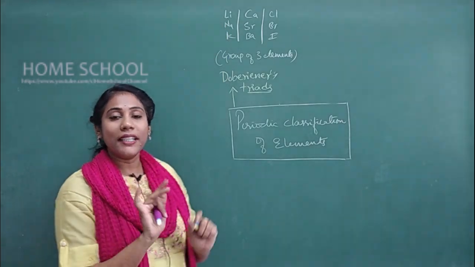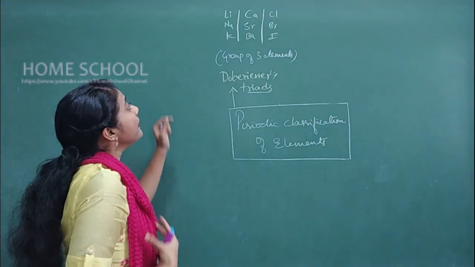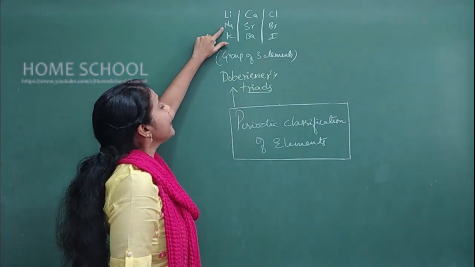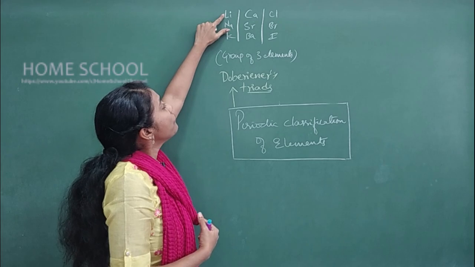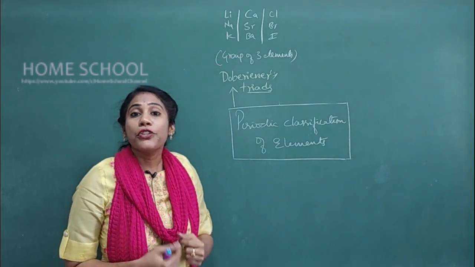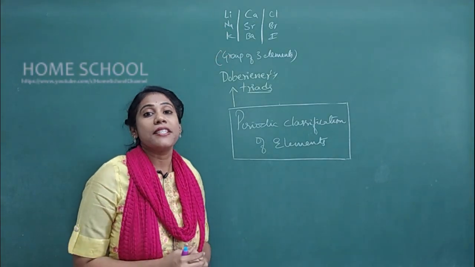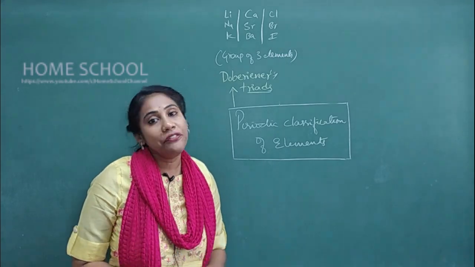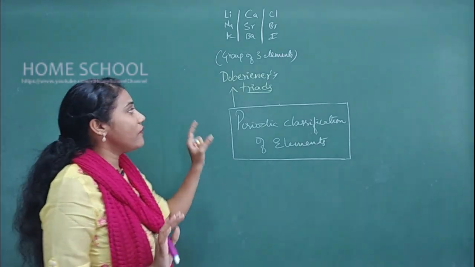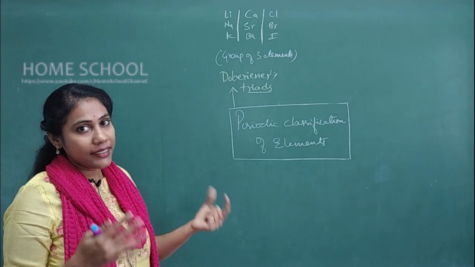This is a very important point to understand. This is the actual principle of Dobereiner's law of triads, right? So this was our first periodic table.